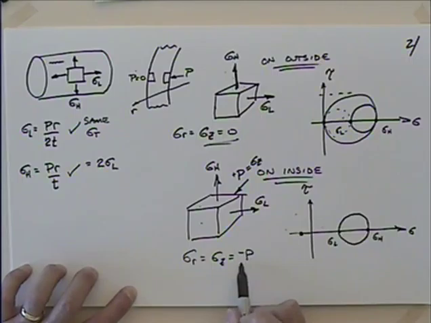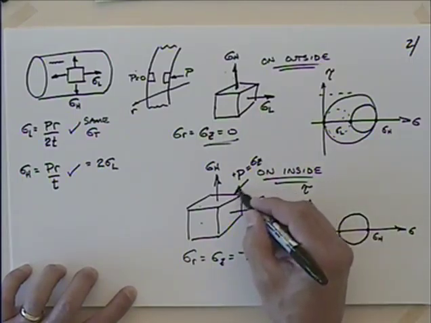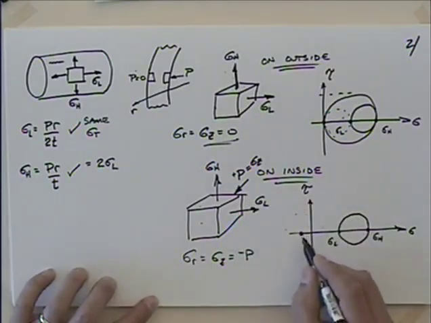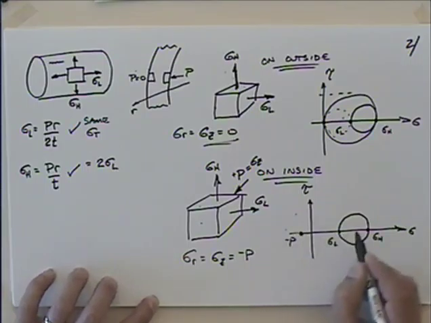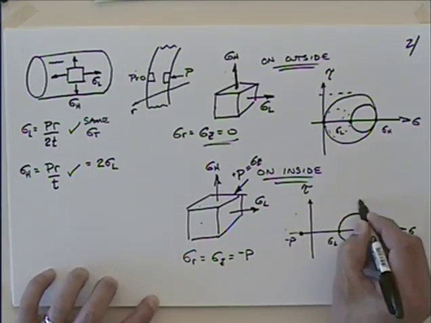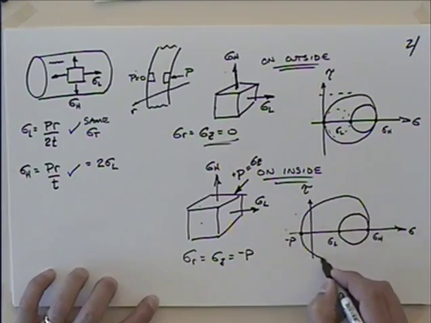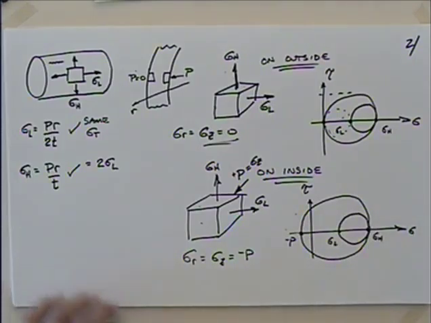Sigma z is equal to minus p, but I guess this one's because I'm showing it in compression. We're probably still okay. So there is a minus p, and we end up with this circle like that. So again, you get your largest stress values on the inside surface of that tank. Questions with that? So you've got some homework problems that deal with pressure vessels and whatnot. Kind of fun to work with.